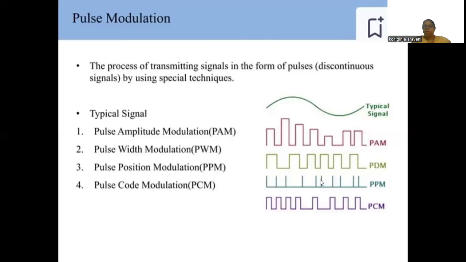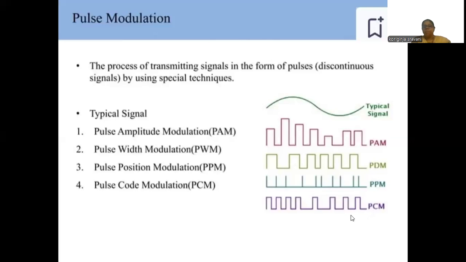Here the duration and amplitude of the pulses are constant. Only the position of the pulse is going to vary in PPM, and PPM depends on PWM. From the output of pulse width modulation, we will get the pulse position modulated signal.